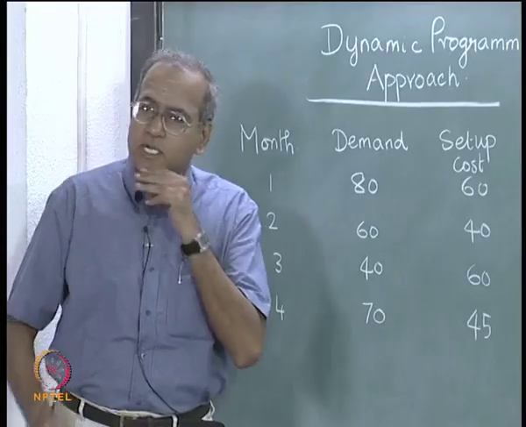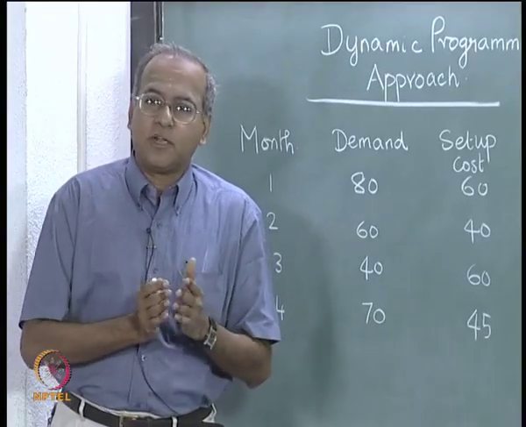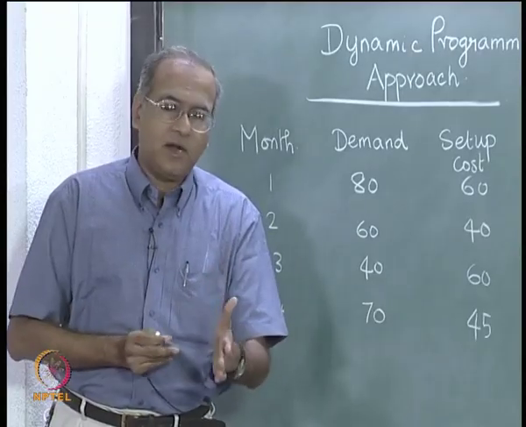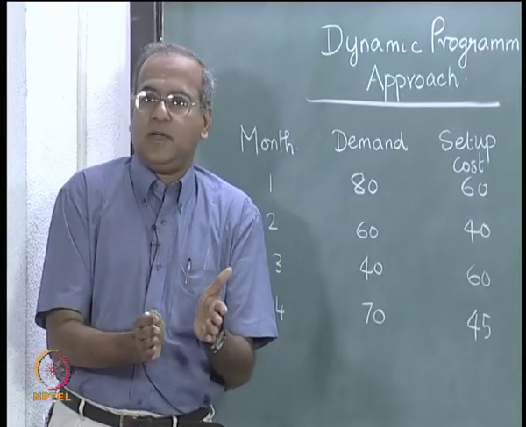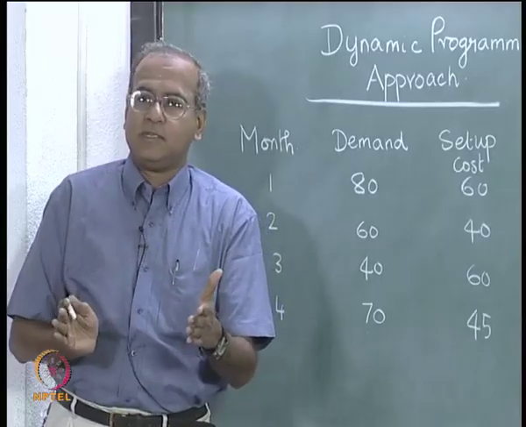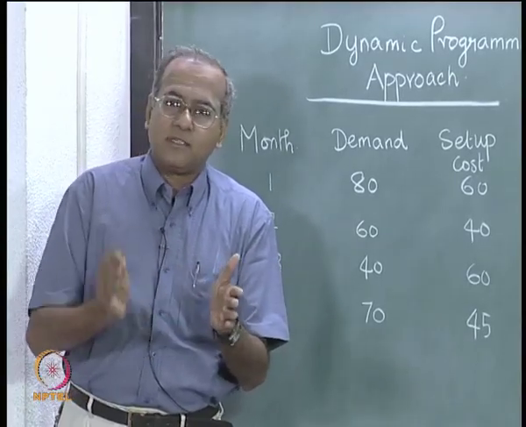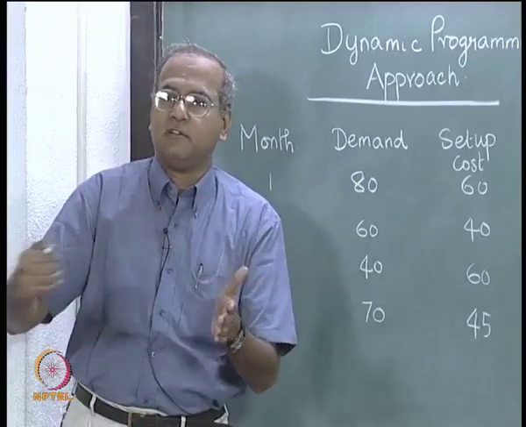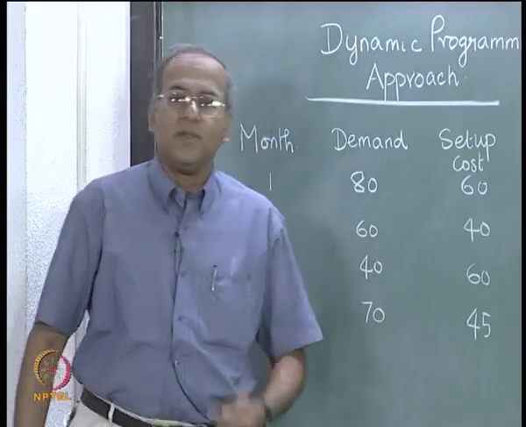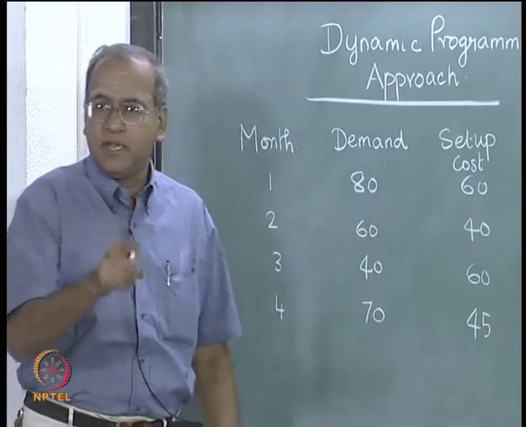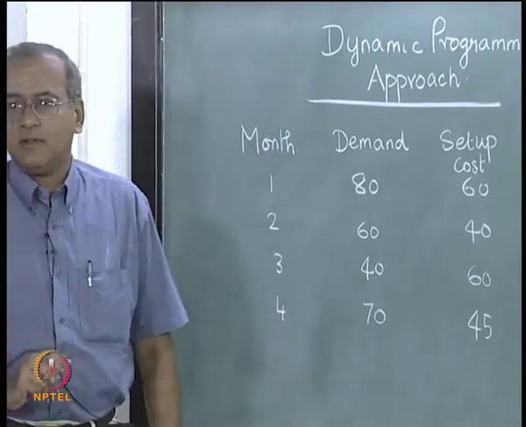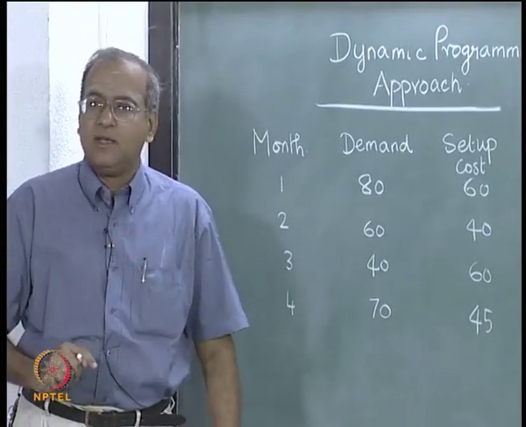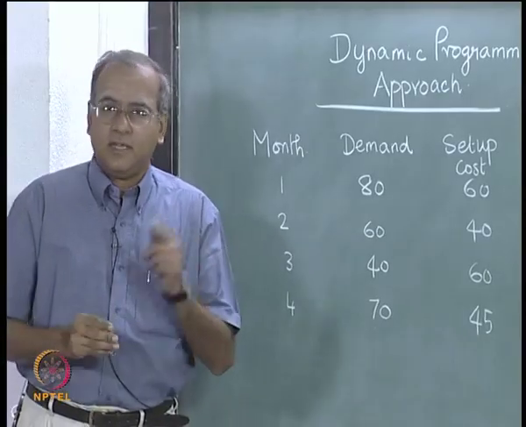And if there is production in a particular month, then that production quantity will be the demand of that month, or the demand of that month and the next month, or the demand of 3 consecutive months; the production quantity is always equal to the demands of a certain number of consecutive months. The second is that if there is beginning inventory in a month, then that inventory should be sufficient to meet the demand of that month, and there will be no production in that month.